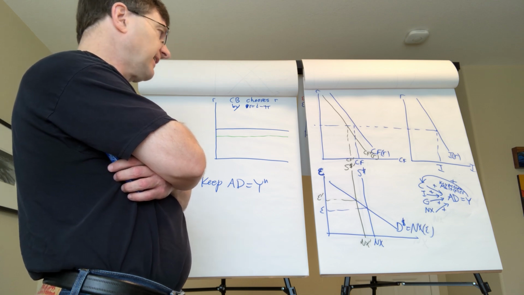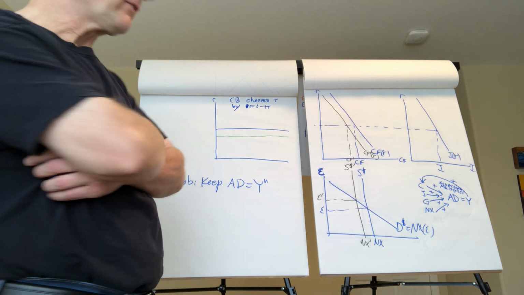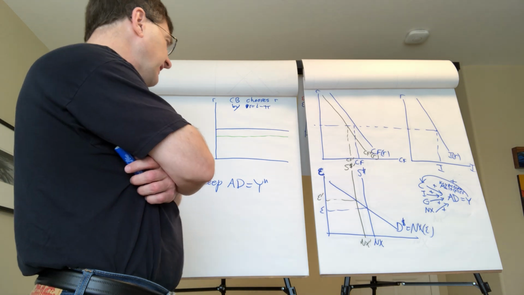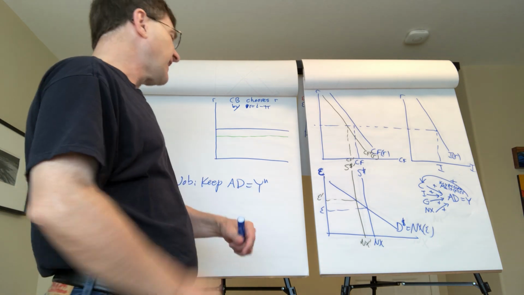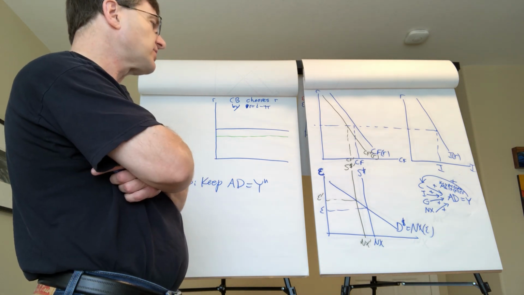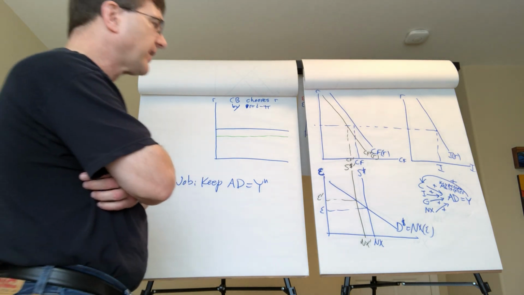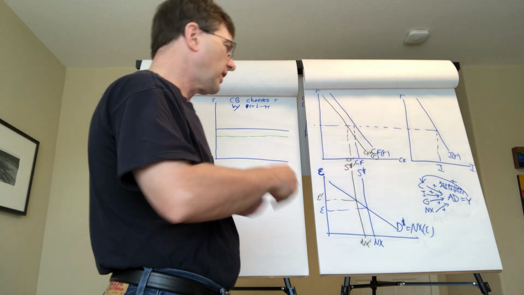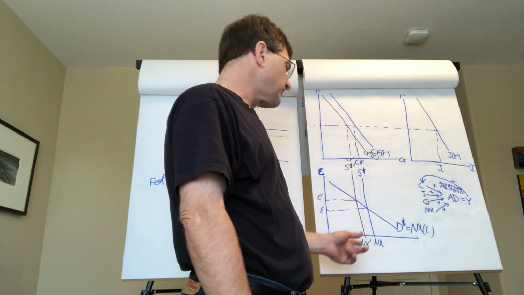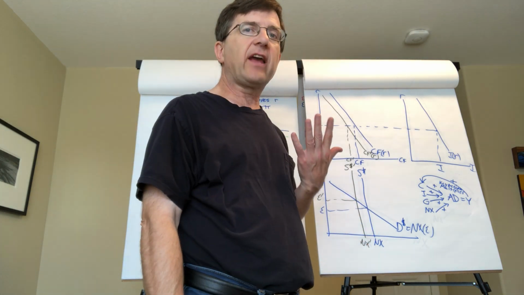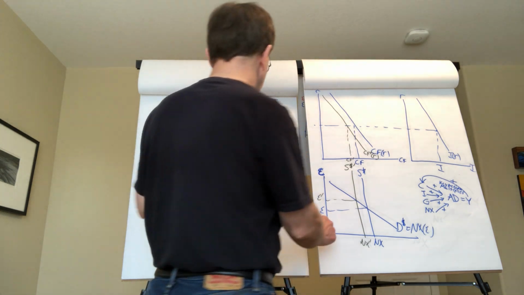Maybe I should have stated that assumption, but in any case, that's what I intended. The natural level of output hasn't changed. It is clear that you're trying to get aggregate demand back to where it was. Aggregate demand went down because of this. So how do you increase aggregate demand? You cut interest rates.